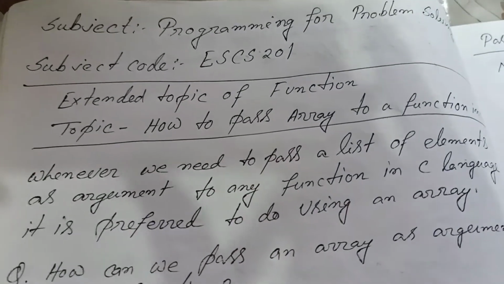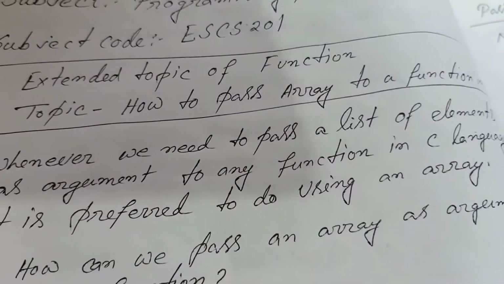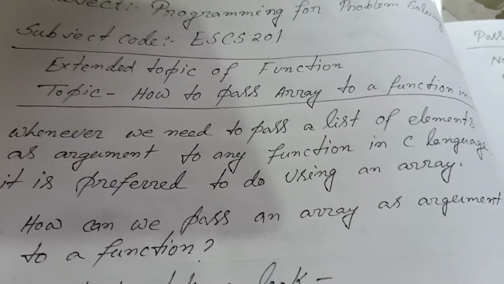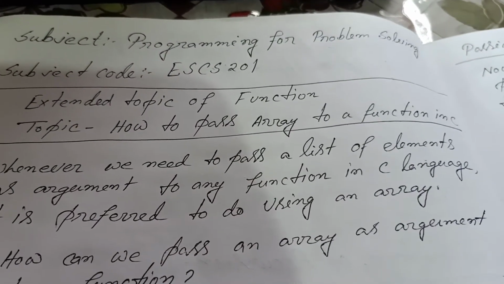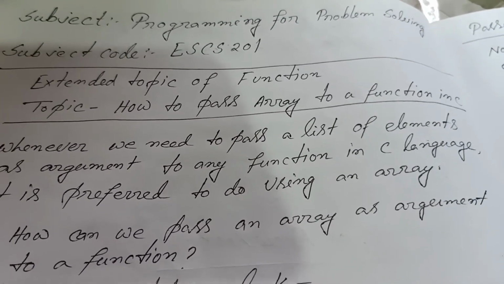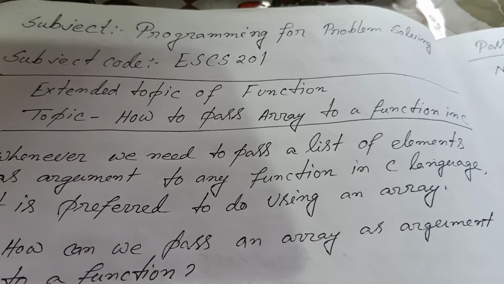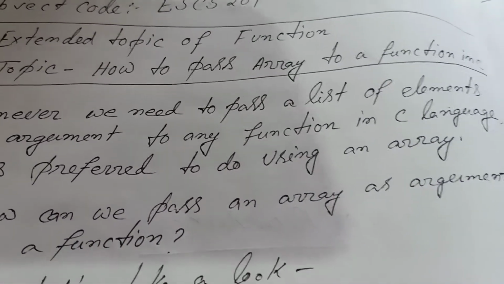So the basic definition is, whenever we need to pass a list of elements as an argument to any function in C language, it is preferred to do so using an array. Suppose we want to pass 12 elements.